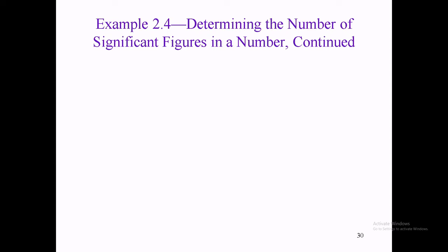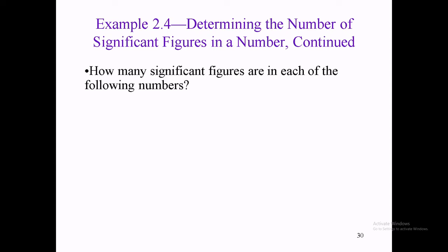So let's take a look at an example here. How many significant figures are in each of the following numbers? If we have 0.0035, we have our leading zeros here that are not significant, and we have our two significant values, 3 and 5.